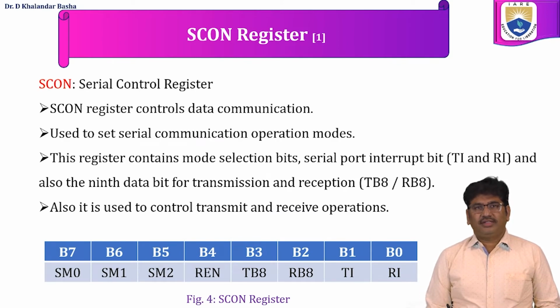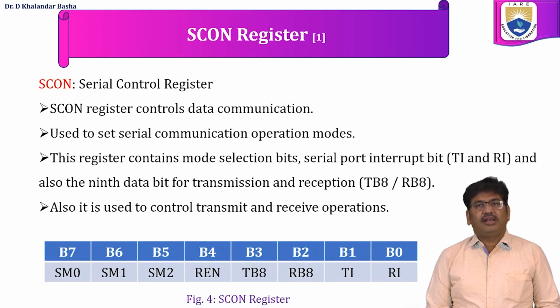The next SFR corresponding to serial communication is SCON, which is the serial control register. The SCON register controls the data communication in the 8051 microcontroller. It is used to set the serial communication operation mode.